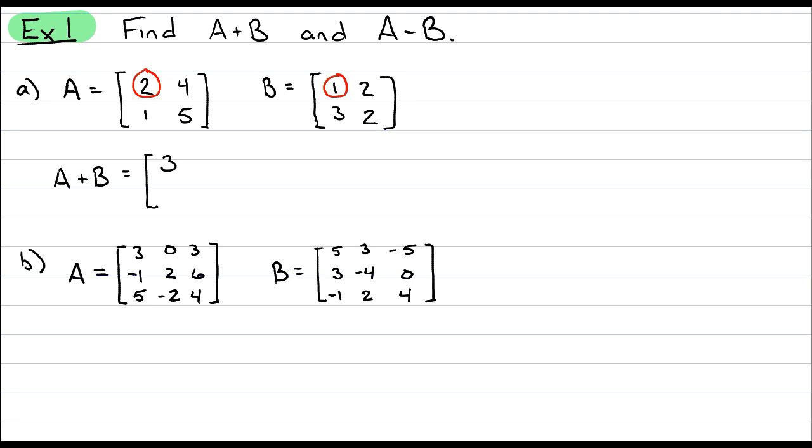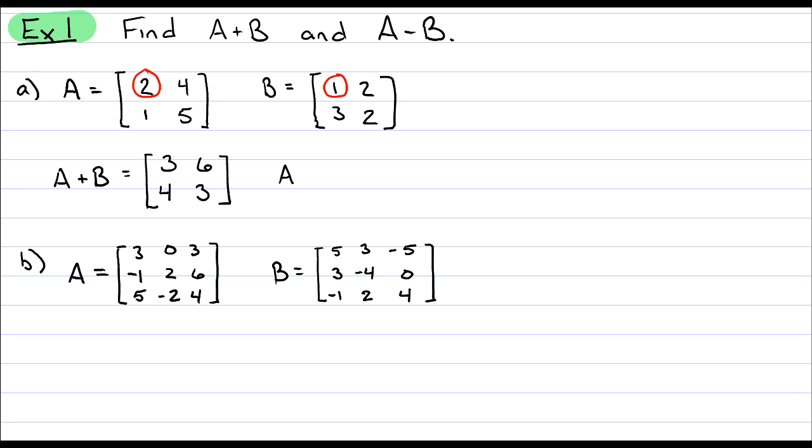To get the next entry, I add 4 and 2, which gives me 6. Then I move down to the second row, and I add 1 and 3, which gives me 4, and 5 and 2, which gives me 3. So that's the sum A plus B.